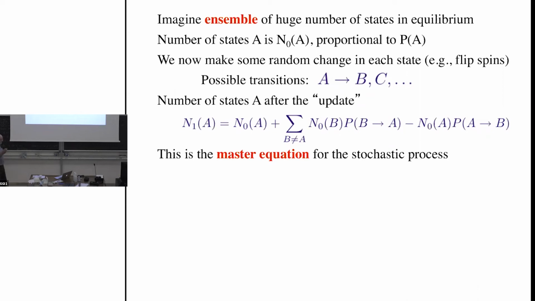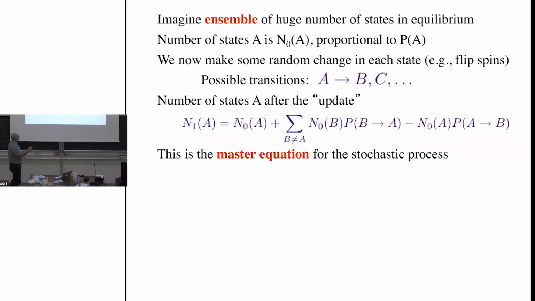And then there are some configurations that become A, that initially were something else, but now they become A. And that number is, summing over all that are not A, how many of those I had times the probability of those going to A. So there is some probability P(B to A), which I haven't specified, but eventually that will be dictated by the rules I come up with.